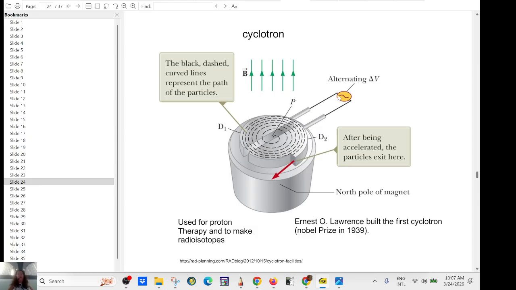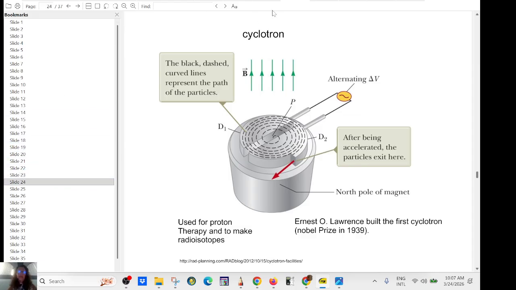That way you can have an AC power supply with an alternating electric field that switches back and forth. It's like a swing that you push at the same frequency. So that's the trick, and it was a big breakthrough. He got the Nobel Prize for that. That was super smart to do.